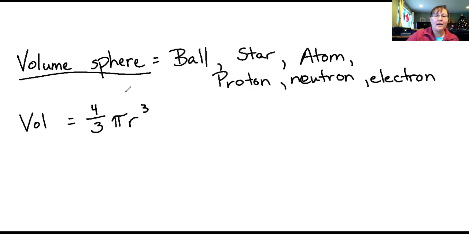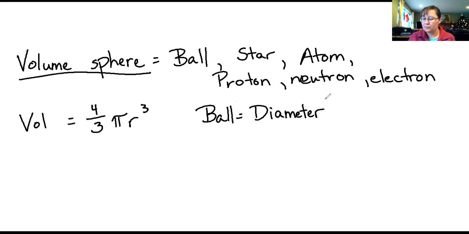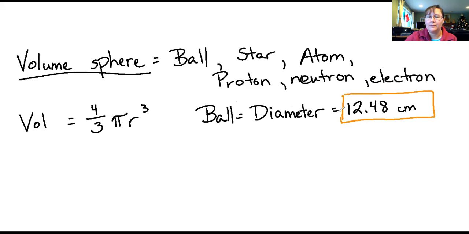All right, well, let's say that we have a ball and our ball has a diameter, I'm imagining, of 12.48 centimeters. Okay, so here is my original value. And that has 1, 2, 3, 4 significant figures in it. So we're going to remember that. And I want to know what the volume of my ball is.